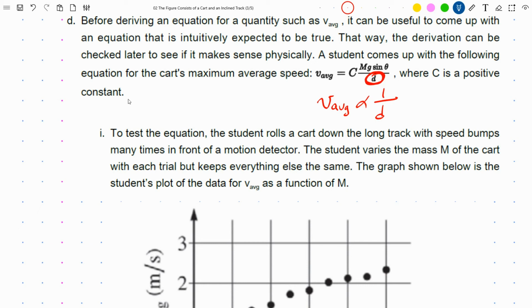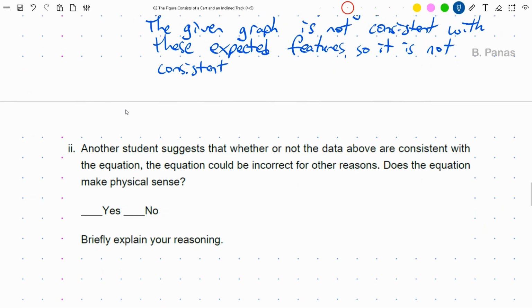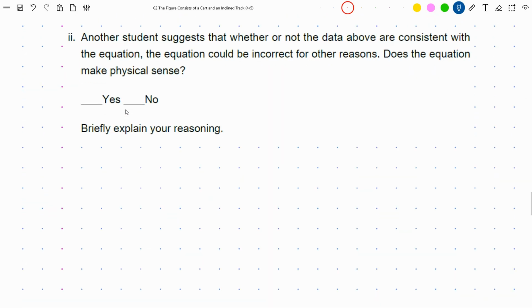So I think I'm now prepared to go in and answer that question about this student's equation. Does this equation make physical sense? I'm going to say no, it does not. Explain your reasoning? Well, let's just summarize what I just said.